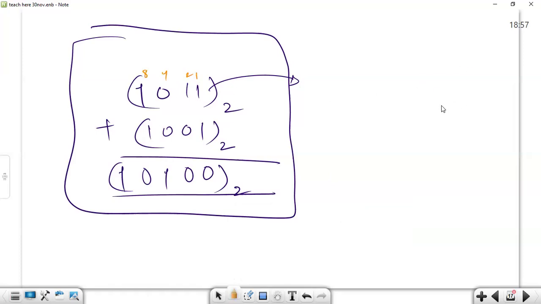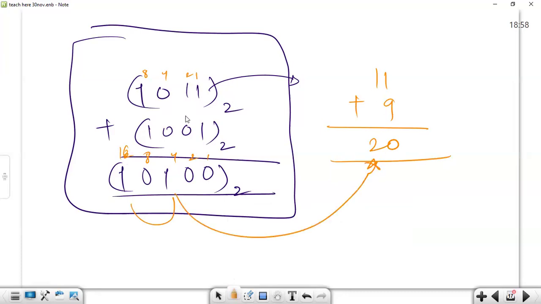So 8 plus 2 plus 1 becomes 11, right? 8 plus 1 becomes 9. This should be 20. Now let's check for this. 16 plus 4 becomes 20. So yes, this is 20. So is our addition verified by the decimal number system? Clear? Any doubts? No doubts, sir.